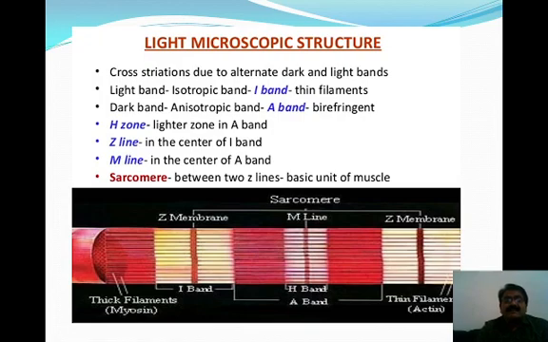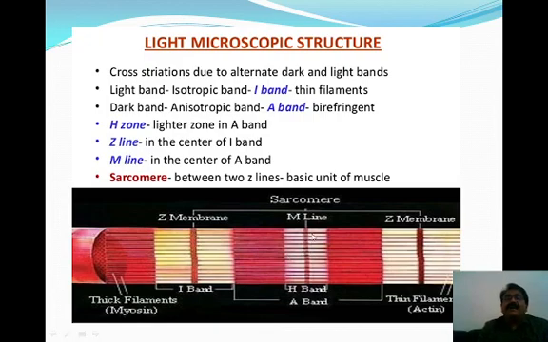In this diagram, my dear student friends, we clearly understand how the I band and A band are differentiated in striated muscle. The I bands are the lighter bands and the A bands are the darker bands. In the I band there is a zigzag line, and these are the Z lines.